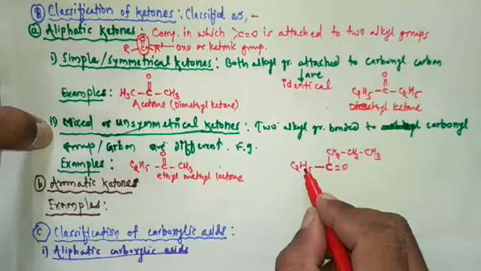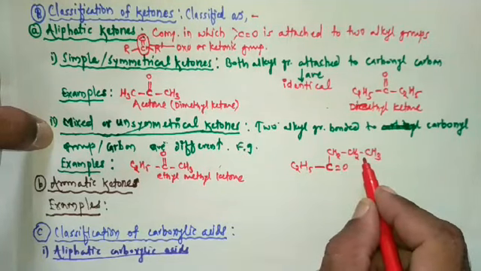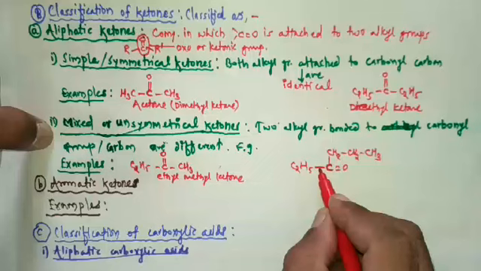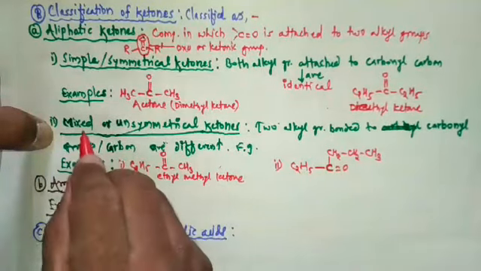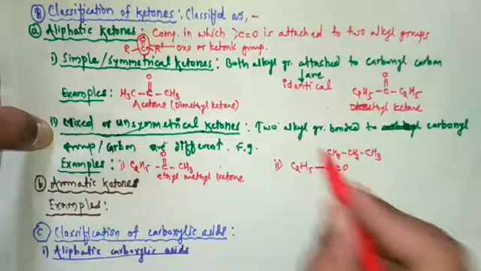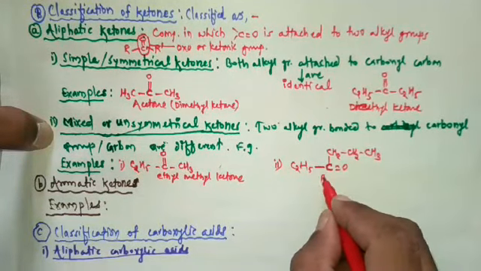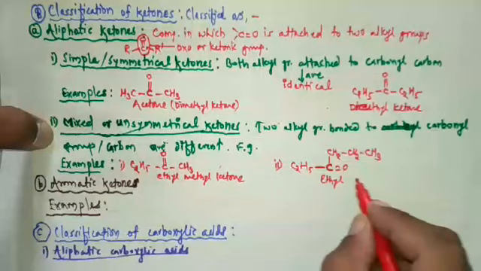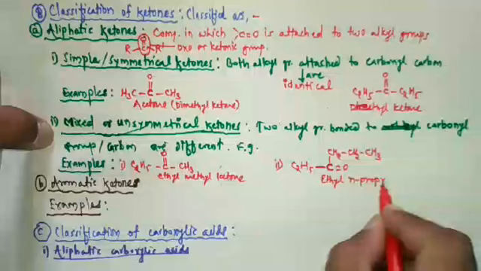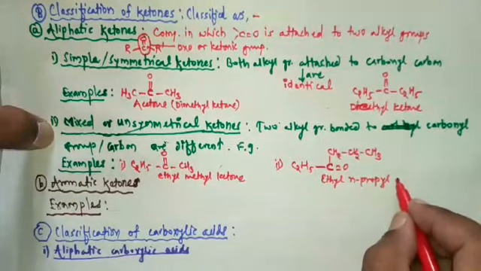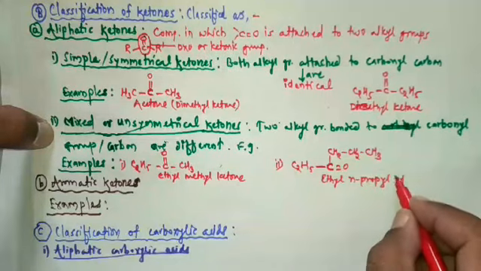This alkyl group is the ethyl group, and this is the N-propyl group. That's why this is also an example of a mixed or unsymmetrical ketone. The name of this compound is ethyl N-propyl ketone.